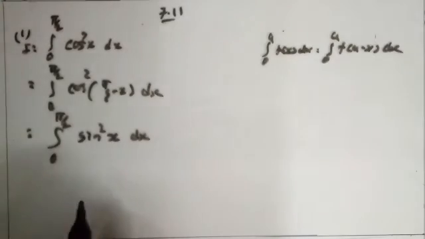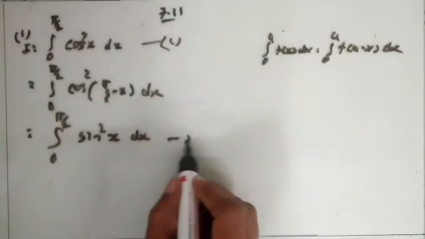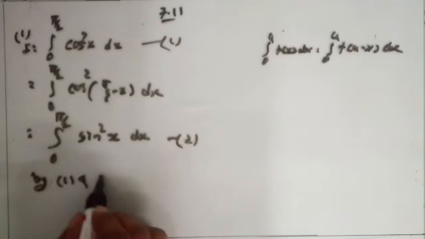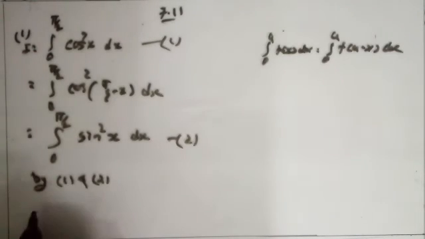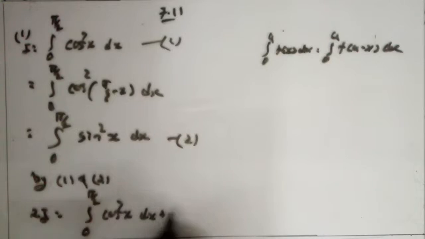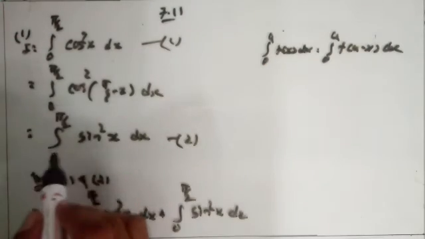Now take the addition of these two, the first and the second, 2 times I is equal to 0 to pi by 2 cos square x plus 0 to pi by 2 sin square x. Take the addition of corresponding parts of both integrations.